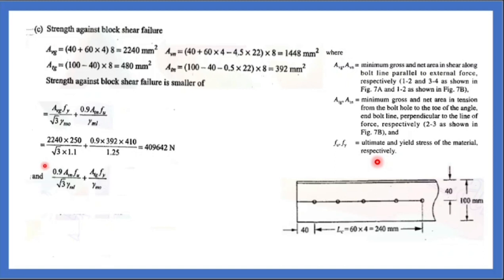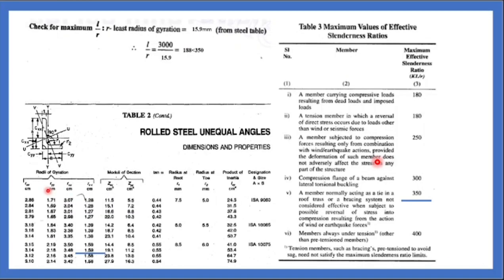And the next value will be 0.9 Avn Fu by root 3 gamma m1 plus Atg Fy by gamma m0, into 410 by root 3 into 1.25, which is 355.879, 3,55,897 Newton. Now either of these two are greater than the force, 2,25,000 is your force. Both are greater than your force. Design is safe.